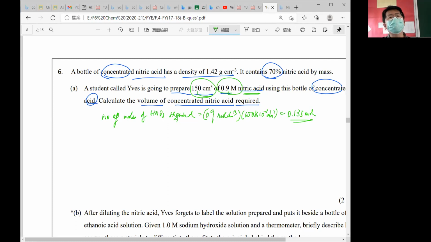But the question comes, how much volume of concentrated acid is needed? That is exactly this, and you may get the answer.